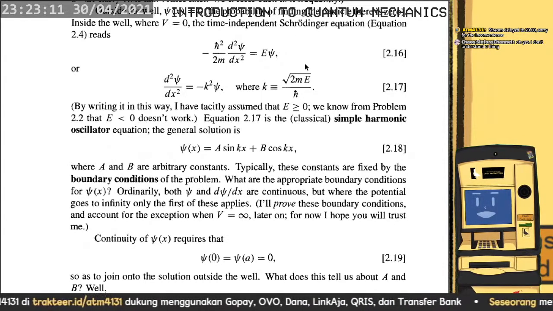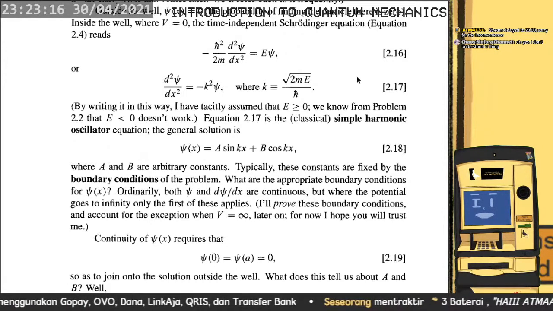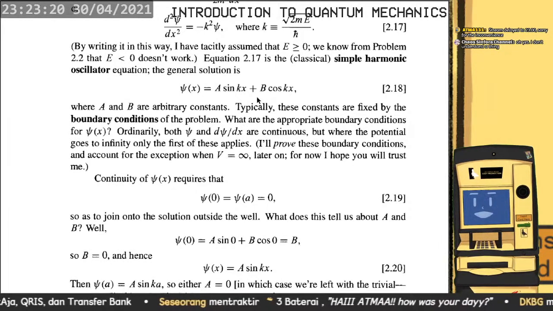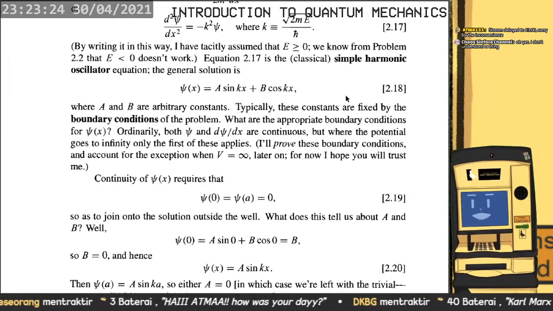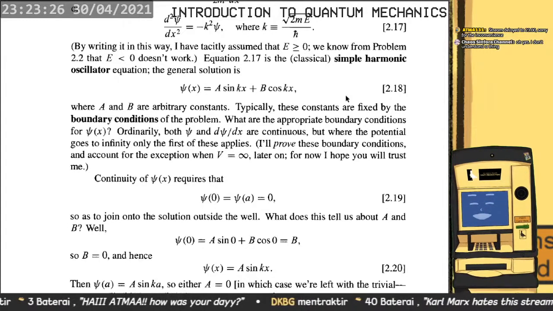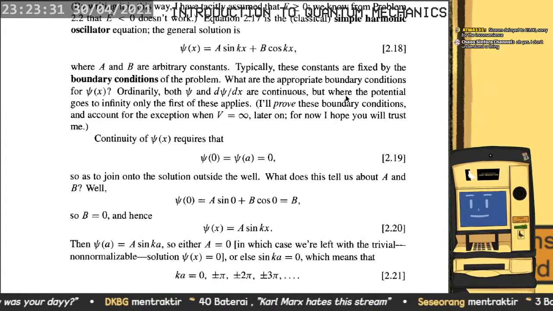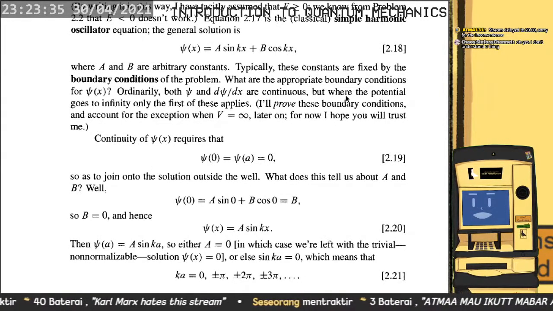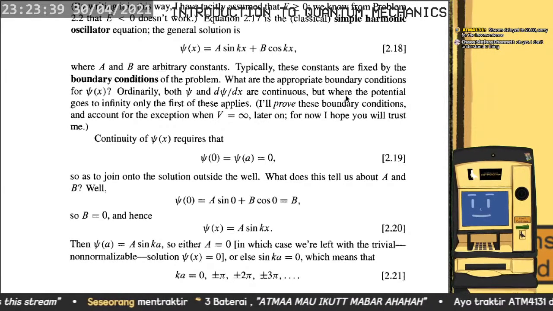Equation 2.17 is the classical simple harmonic oscillator equation. The general solution is psi(x) equals A sin kx plus B cos kx, where A and B are arbitrary constants. Typically, these constants are fixed by the boundary conditions of the problem. What are the appropriate boundary conditions for psi(x)?